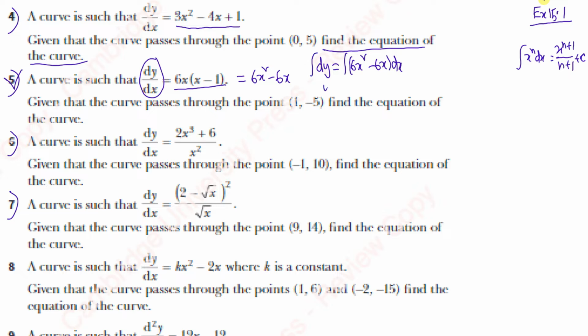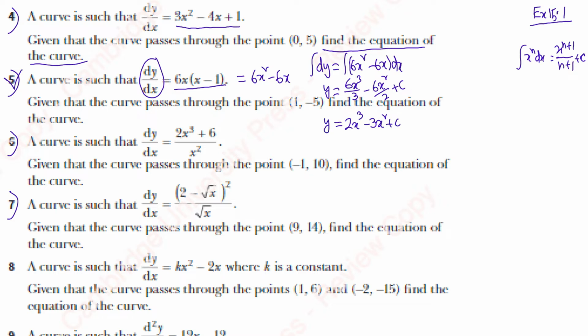Then we get y equals 6x cubed by 3 minus 6x squared divided by 2 plus c. Our target is to find the c value. In a simpler form, y equals 2x cubed minus 3x squared plus c.